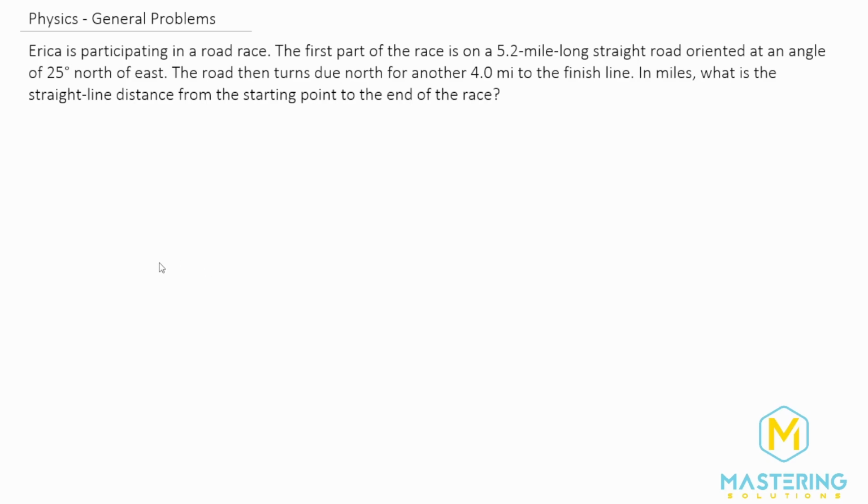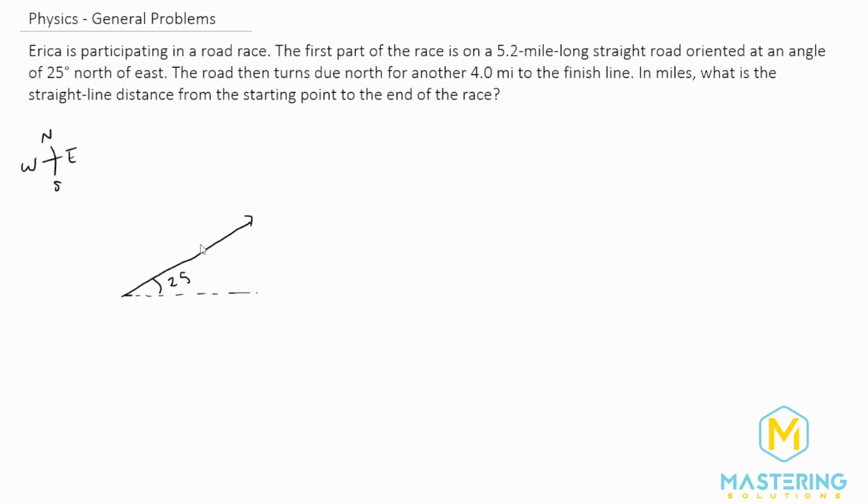So they say that in the first part of her race, she did a 5.2 mile long straight road oriented at an angle of 25 degrees north of east. So we have north, south, east, and west. The angle they said right here is 25 degrees north of east.